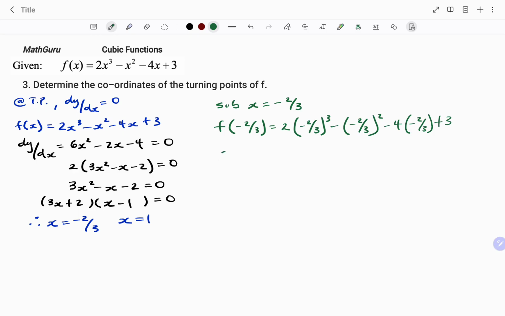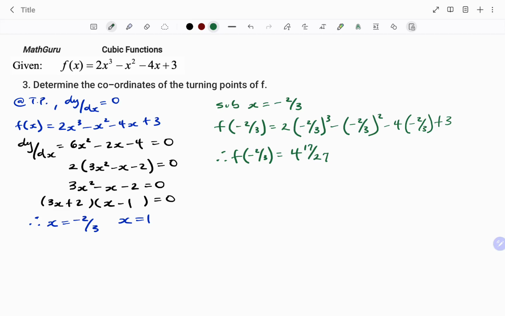If we substitute for that, f of negative 2 over 3 is going to give us, as a whole number, 17 over 27. So I've done that for x equals negative 2/3.